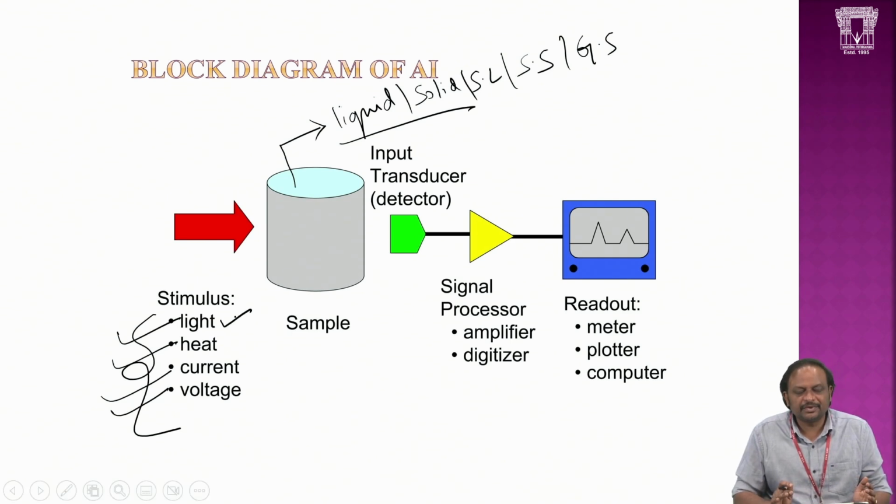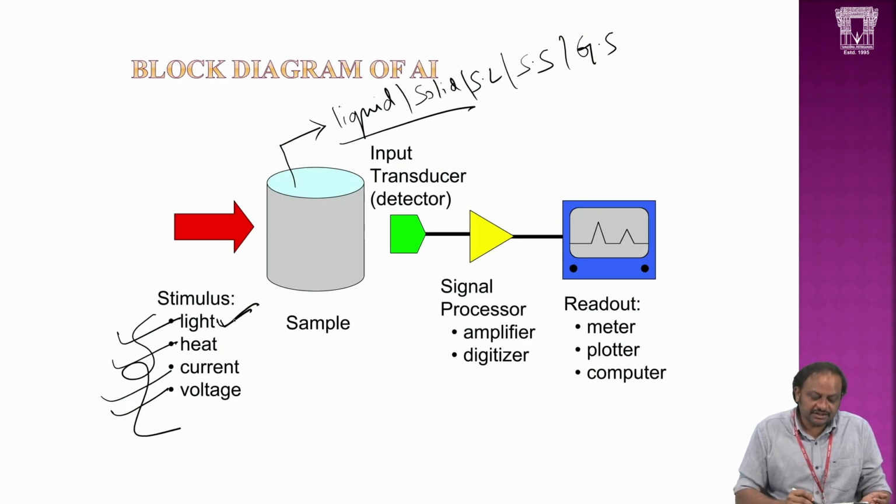All the analytical instruments I discussed so far, like UV visible and FTIR, Fourier transform infrared spectroscopy, and so on, rely on a light source, whether it is a visible source, or ultraviolet source, or infrared source. Whatever it is, you throw this proper source onto the sample, and the sample will react with this stimulus signal.